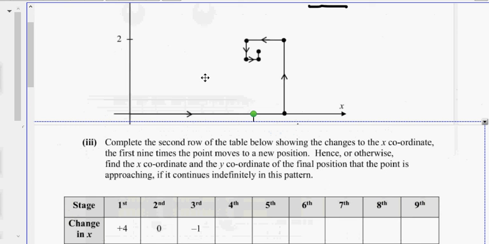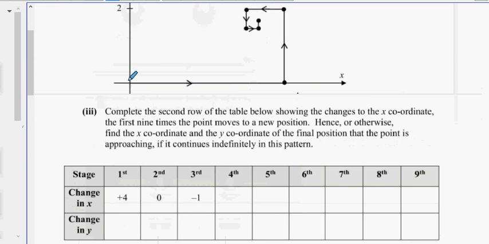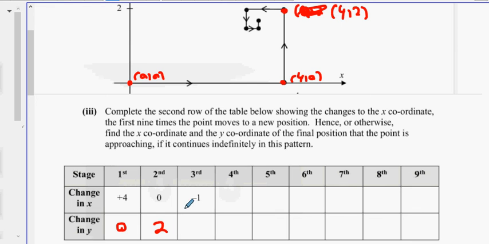Okay, so what do we have here? Change in x, change in y. So it starts off at 0, 0. Starts off at 4, 0. Change in x is 4, change in y is 0. Then up to 4, 2, so that's changing y by 2.